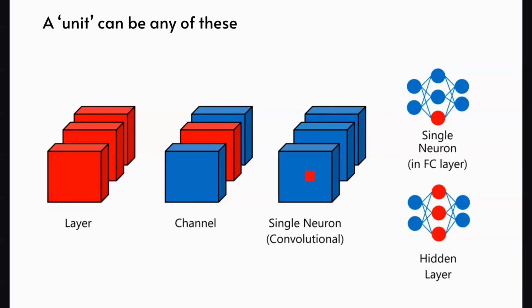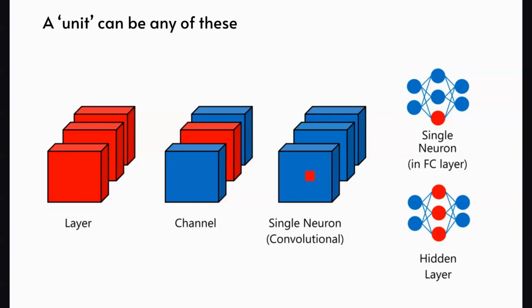If I'm considering multiple channels, a whole layer has multiple channels. One filter will give you one channel. So if a layer has multiple filters, it will have multiple channels, and that could also be considered a unit. So it is very important to know which unit you are working with, which unit you want to explain, whether it's a single neuron or the whole layer.